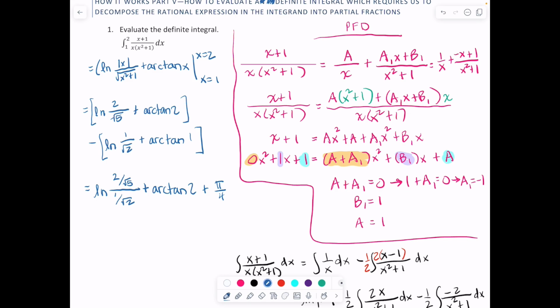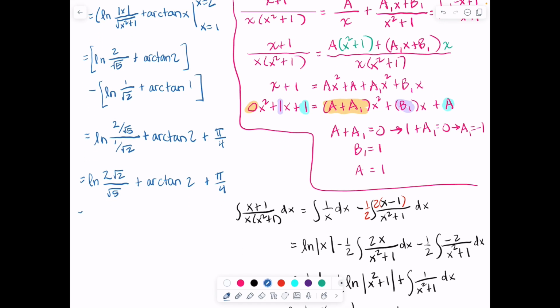All right, so continuing to simplify that log. It can be so fun to play with, right? So we'll have 2 root 2 over root 5 in the log, plus arc tangent of 2, plus pi over 4. So I'm going to bring the pi over 4 and put that one first. And then, if you wanted to, you could rationalize the denominator.